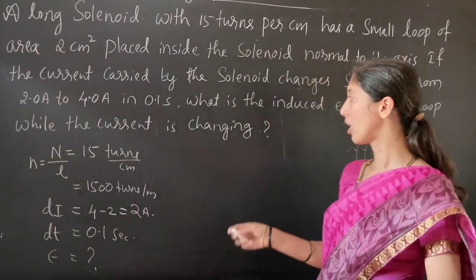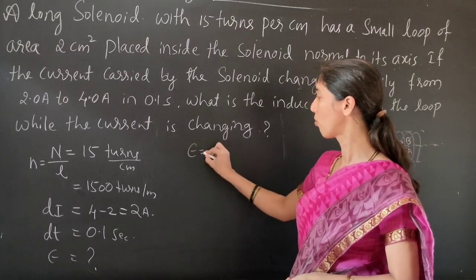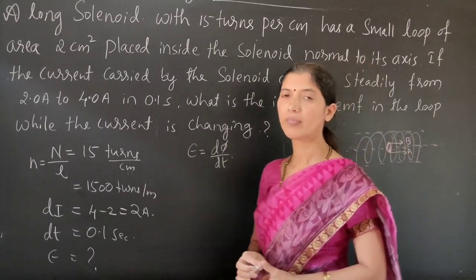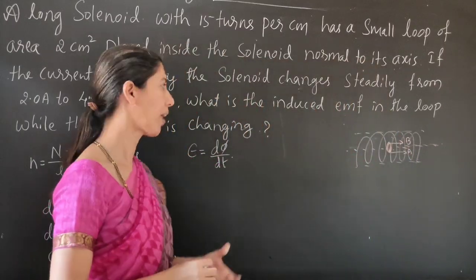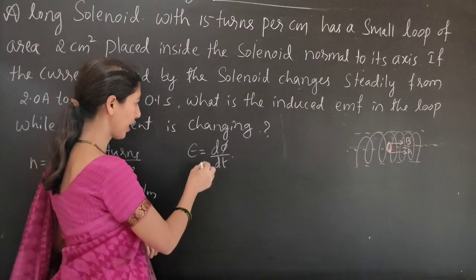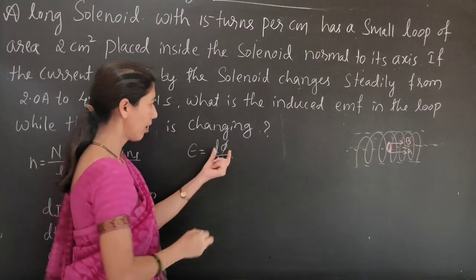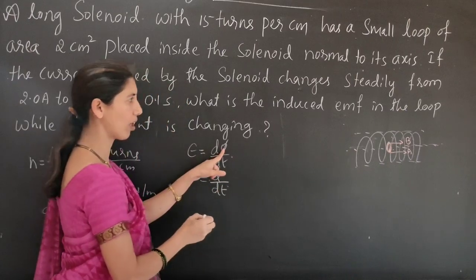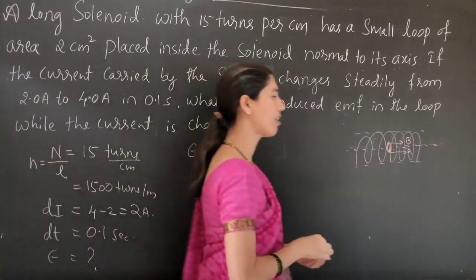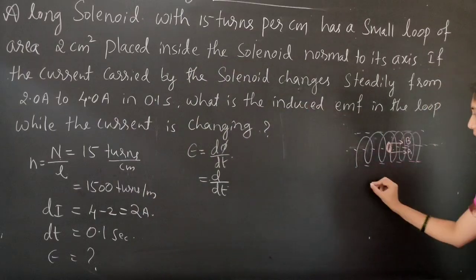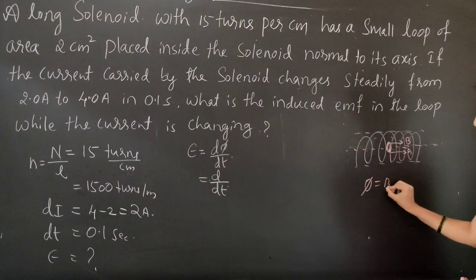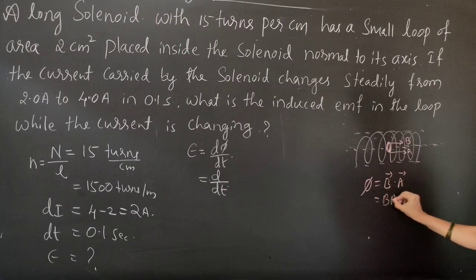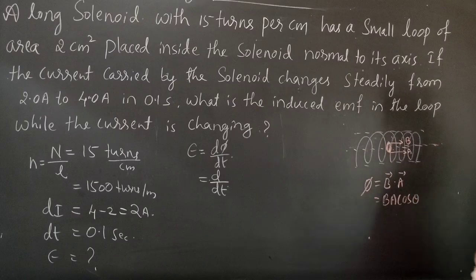Now you know the formula: induced EMF E is equal to d phi divided by dt. Here phi is the flux. Phi is equal to B dot A, or you can write this as BA cos theta.